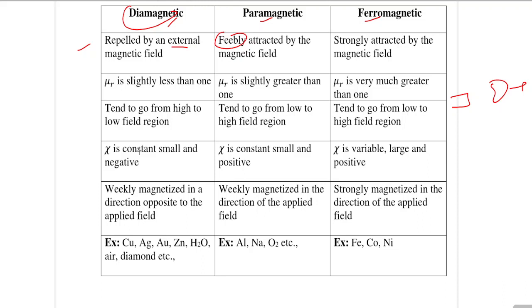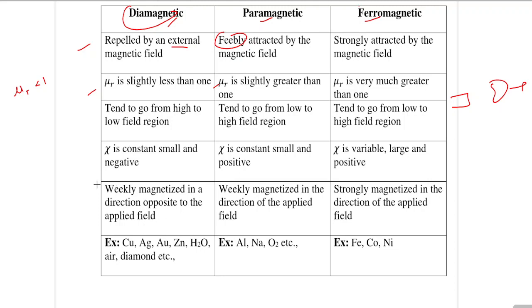Second difference is mu r, which is called relative permeability. That value is less than 1. So mu r is less than 1 for diamagnet. Mu r is slightly more than 1 for paramagnet. Mu r is very much more than 1 for ferromagnet, which means you observe that the ferromagnetic case is something like paramagnet with stronger values.